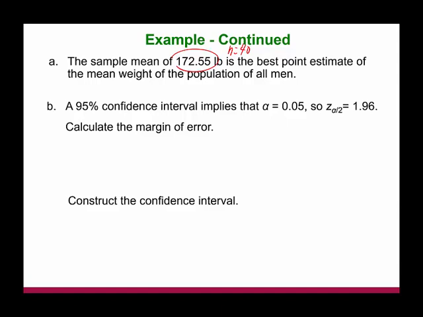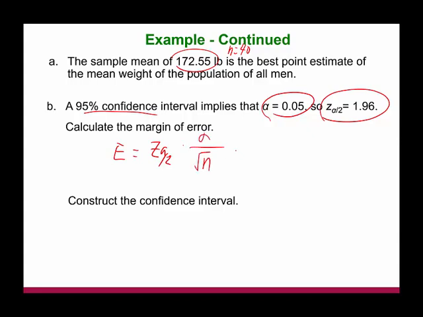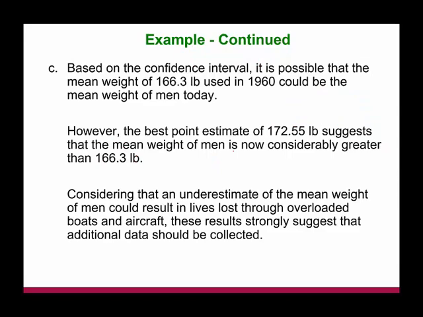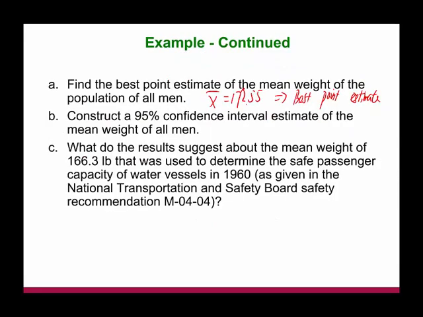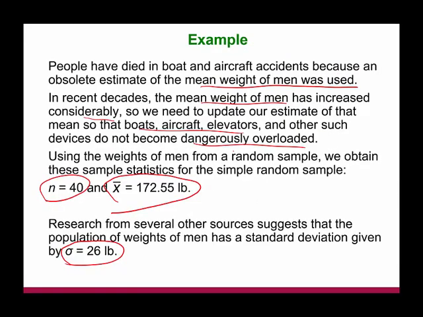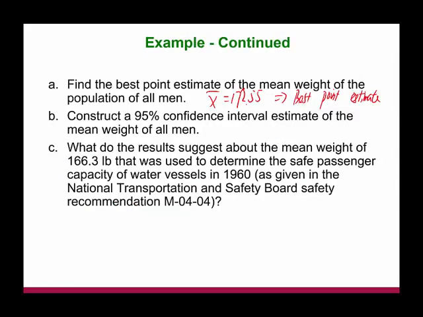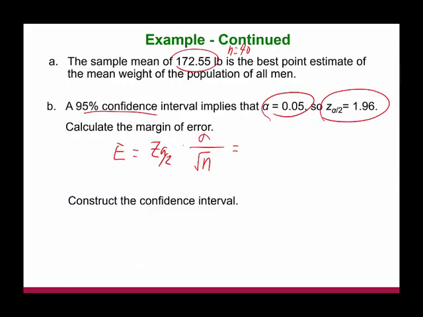Now, a 95% confidence interval implies alpha equals 0.05, and the critical z-score from Table A-2 equals 1.96. Now calculate the margin of error: critical z-score times population standard deviation over the square root of sample size. The sample size here is 40, and the population standard deviation equals 26 pounds.